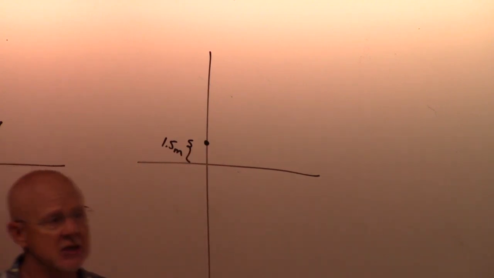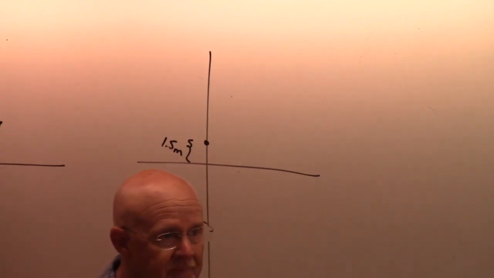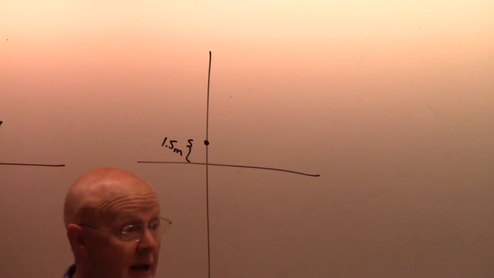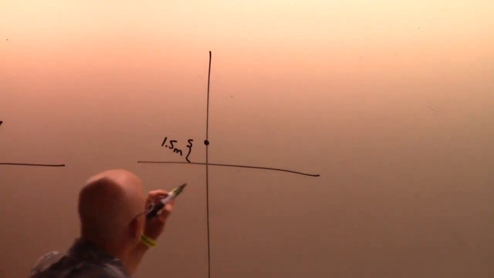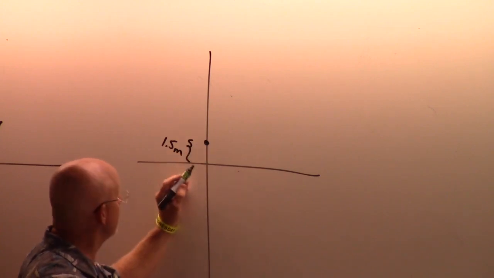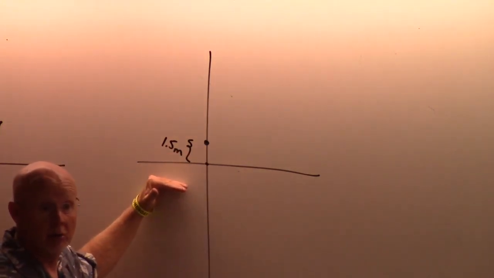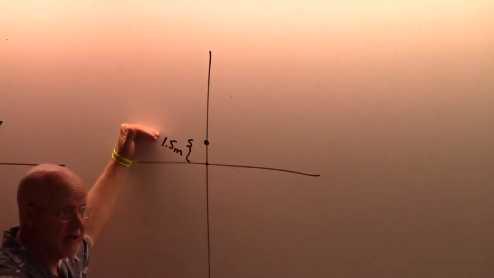And I'm kind of making a decision right here. Where am I going to put my origin? Again, there is no right or wrong answer to this, but by me drawing this point where I launch it, you'll notice that I put the ground at 0. So it's starting at a y value that's non-zero.